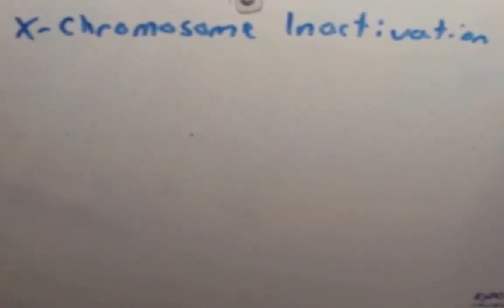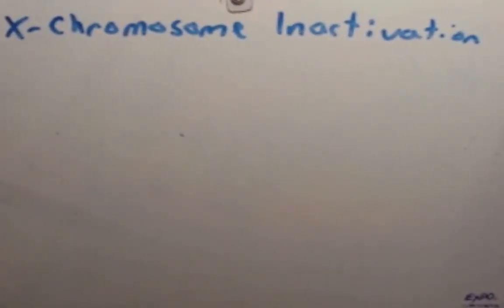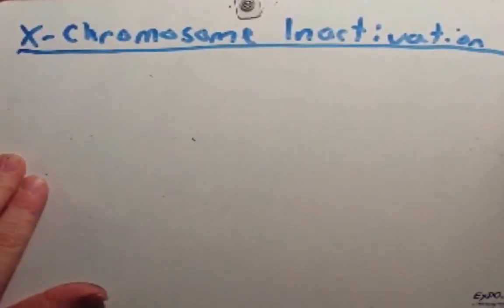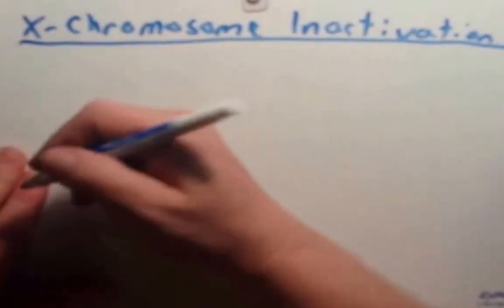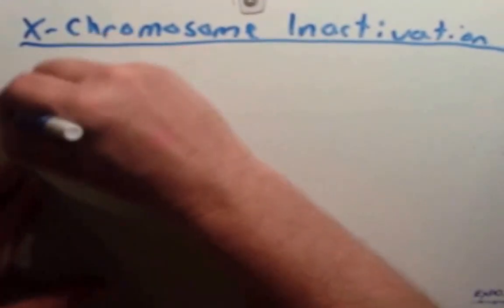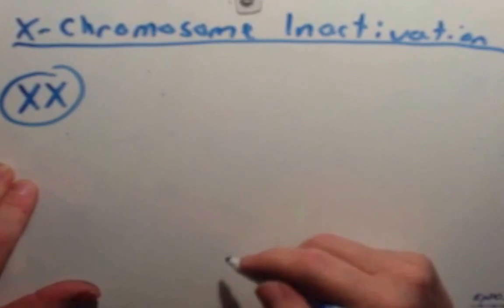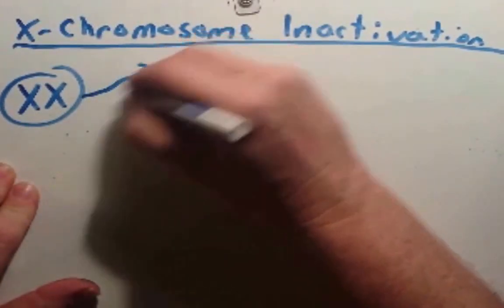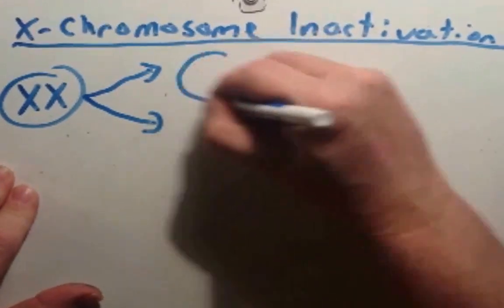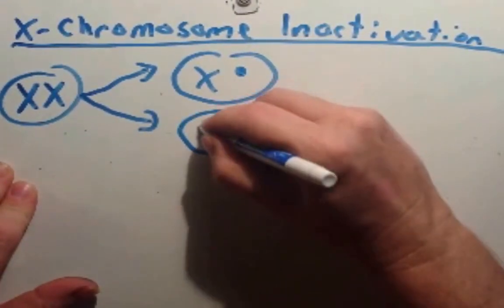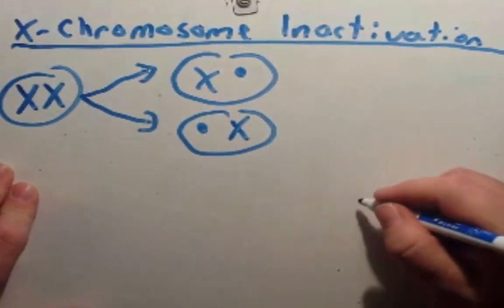So, X chromosome inactivation. We've talked about this before, so I want you to go back and review that material from the epigenetics sessions. As a brief background, but I need you to expound on this a little bit more. Remember that an embryo starts off as XX, expressing both of those chromosomes. Early in embryonic development, one is inactivated and the other remains active.